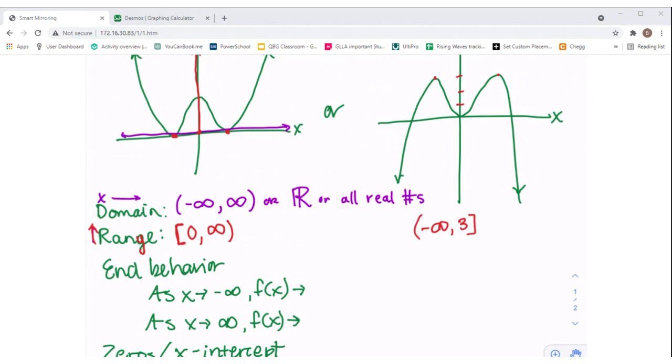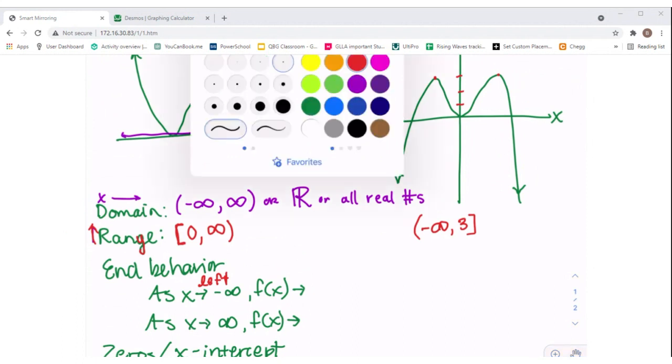Okay. Then the end behavior talks about, does it go all the way up? Like as you look to the left, this is a fancy way of saying as you look to the left, is it going to go up or down? So as I look all the way to the left, let me change it to orange.